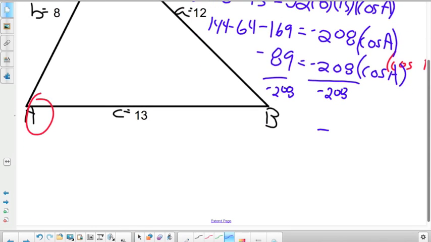So 89 over 208. Just got rid of my negatives.